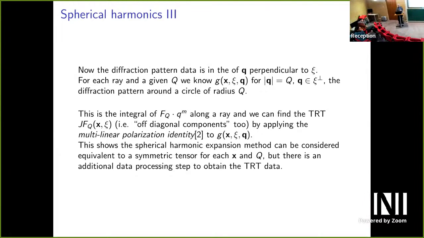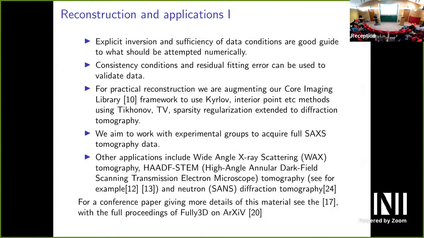Yeah, and you do have to process a bit to get the TRT data from the diffraction pattern, but okay, so you probably don't use explicit inversion models. So actually, mathematicians love explicit inversion models. Right?